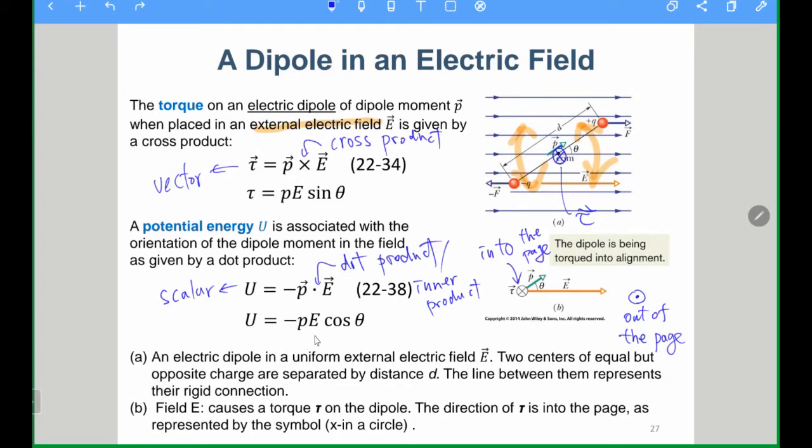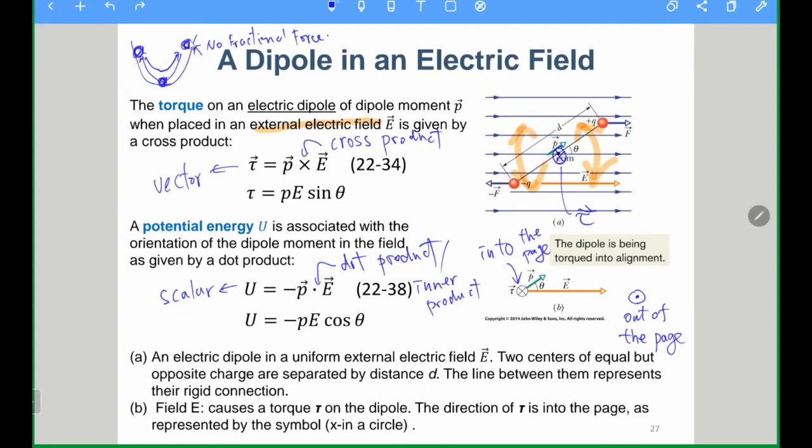We can have an analogy: if you have a curved surface like this and a ball here, and suppose there is no frictional force, then the ball will roll down and roll back, going back and forth.